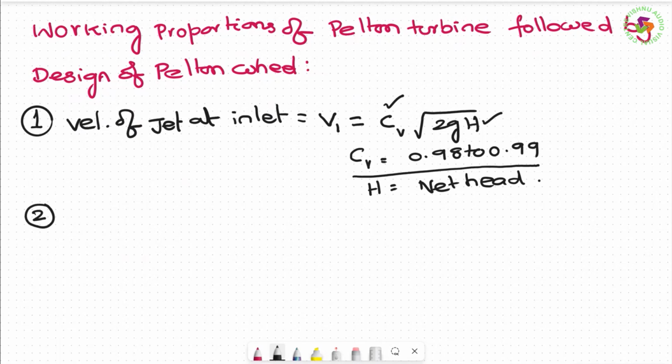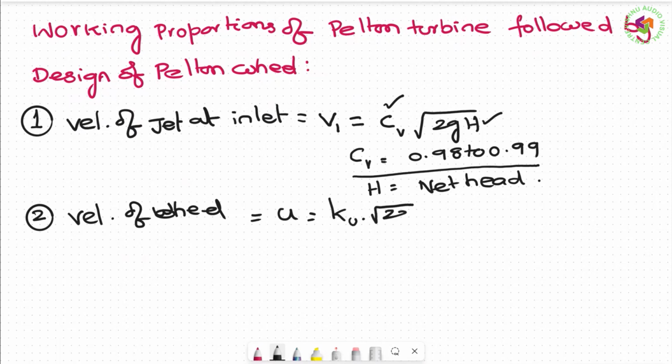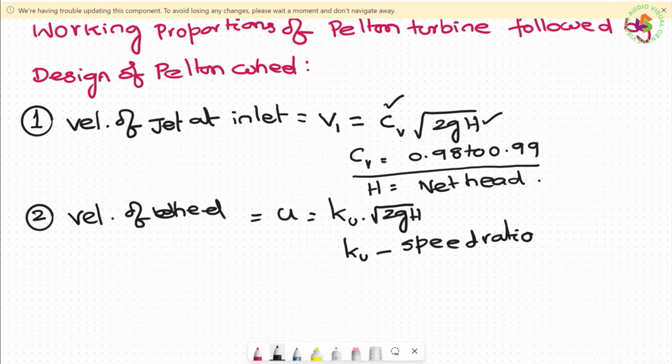Then coming to the second, what is the velocity of wheel? When I say velocity of wheel, it is the tangential velocity of the wheel. Velocity of wheel u, because it is the same at the inlet and outlet, is equal to Ku into root 2gH. Again, Ku is called the speed ratio.